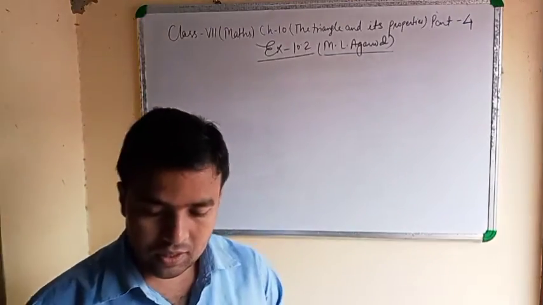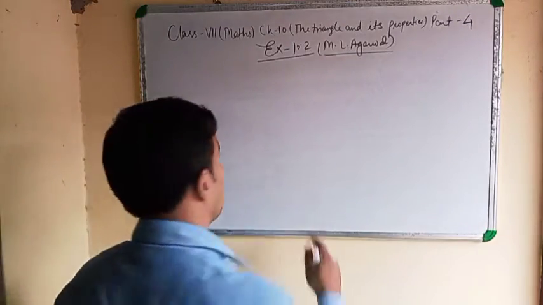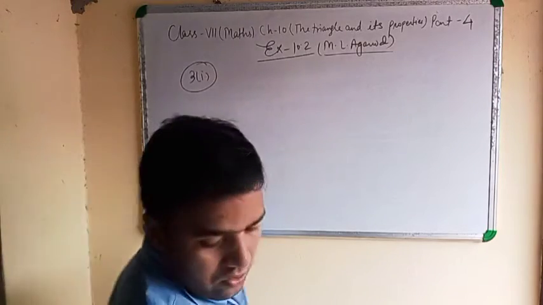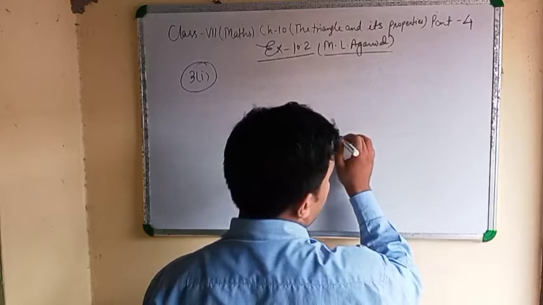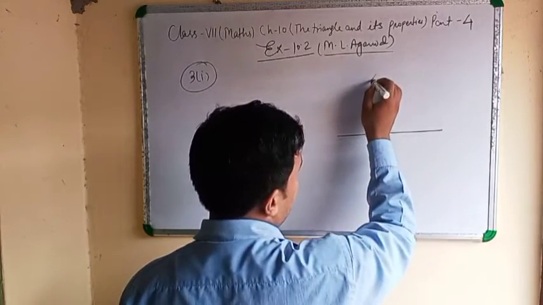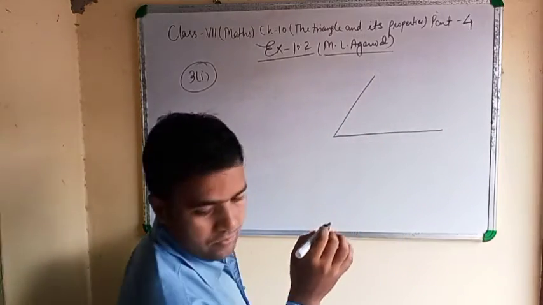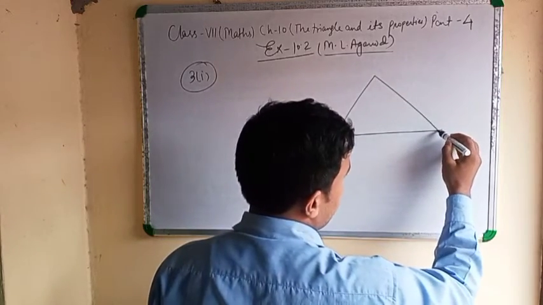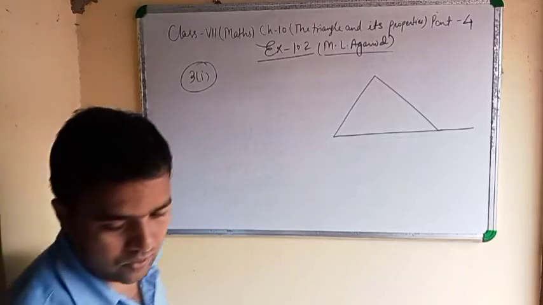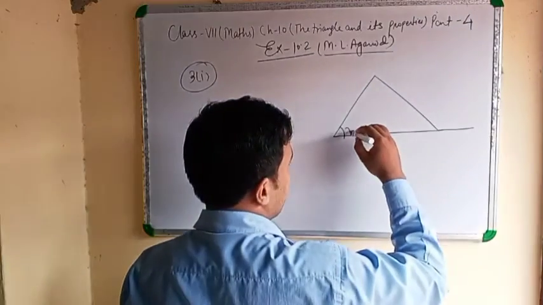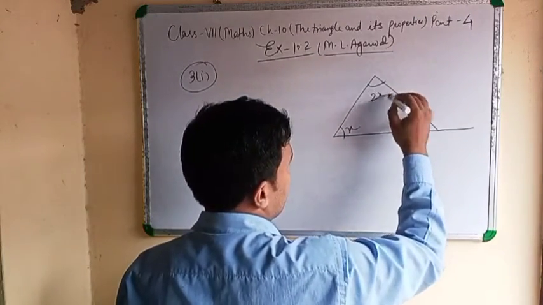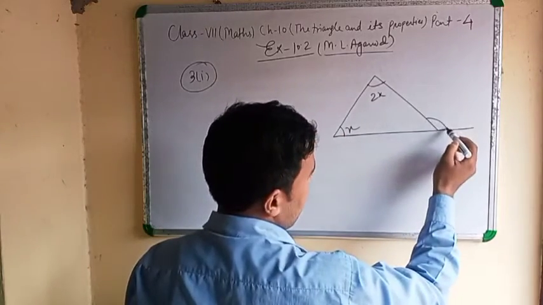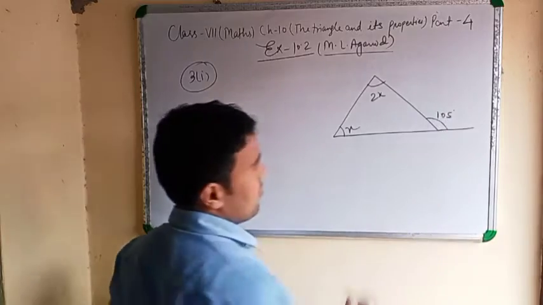In question number third, find the value of x. Here is also a triangle given. Clear? 2x, 2x, and here is 105 degree.